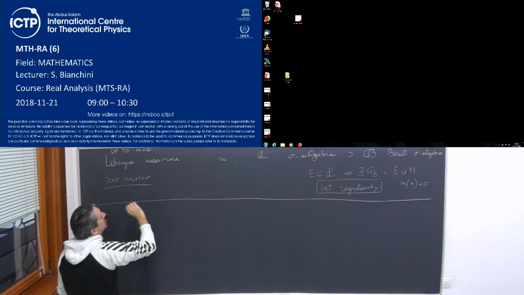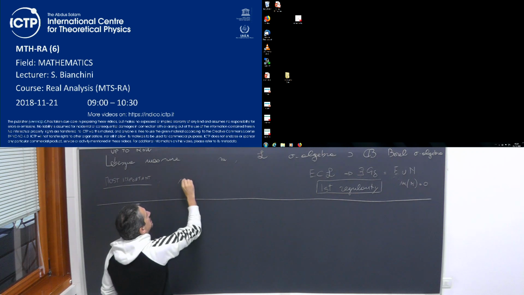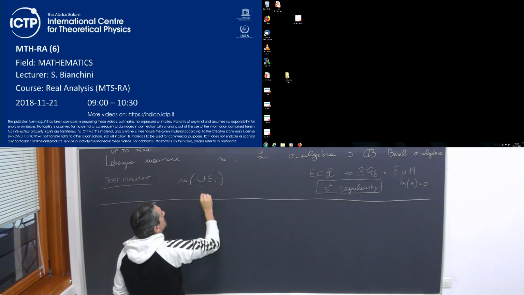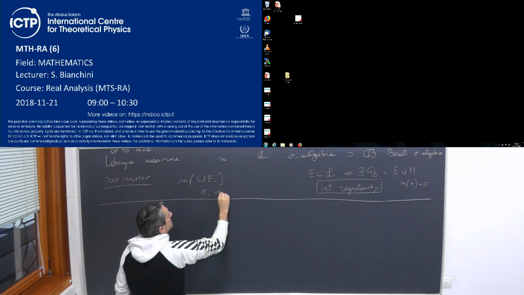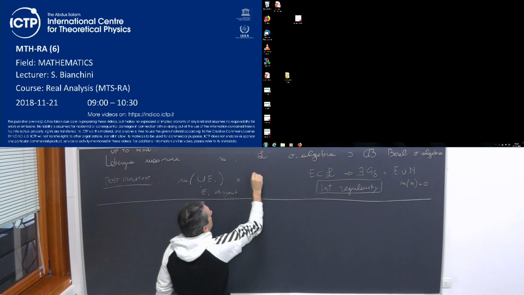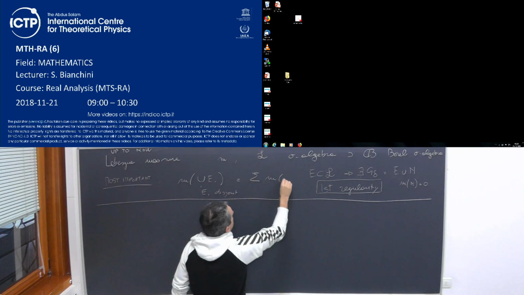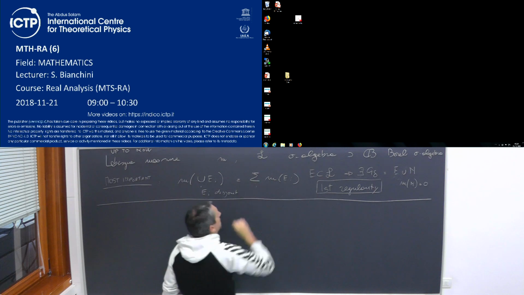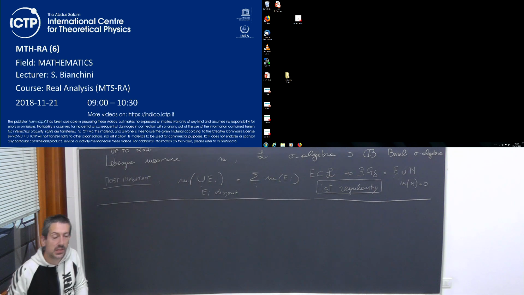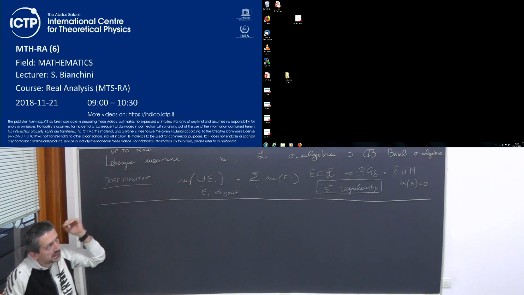And actually it's the definition of this, that the measure of the union of disjoint sets is the sum of the measure, which is in the definition. But actually this is the continuity of the measure in some sense. It's continuous with respect to the operation of the algebra.